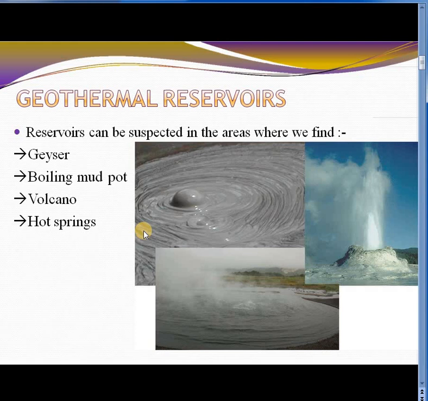So people around the world use these reservoirs to produce heat and also electricity. They also dig deep wells and pump heated water from underground, and they also use steam from this.